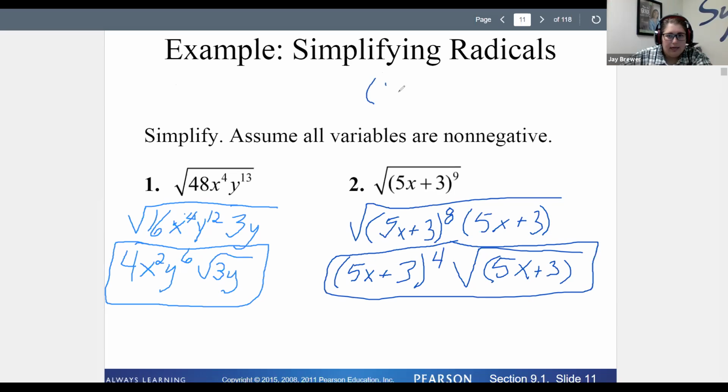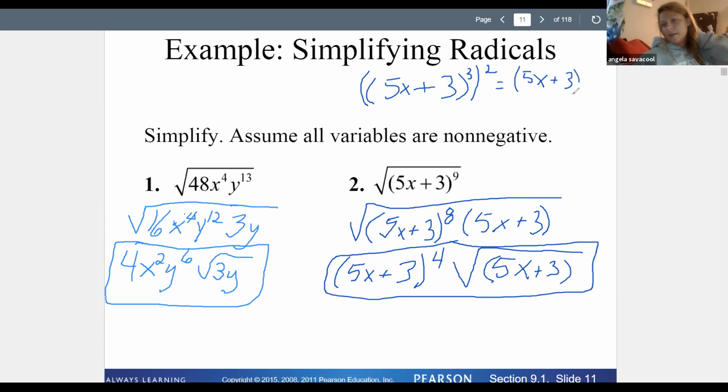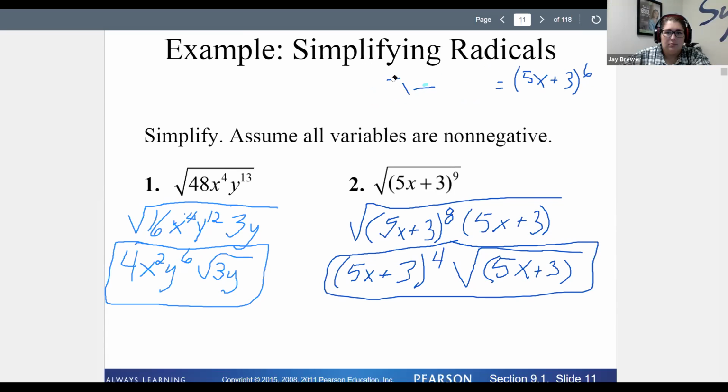Because if we did 5x plus 3 to the 3rd power, and we wanted to then square it, you would get 5x plus 3 to the 6th power. That's why it doesn't work. Okay. Now I got it. Excellent question.